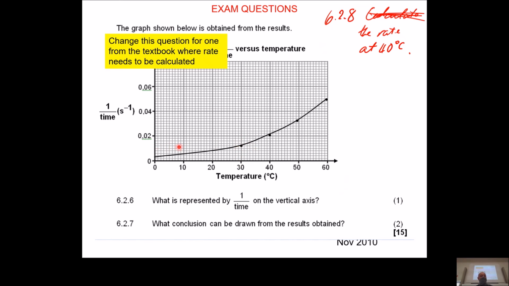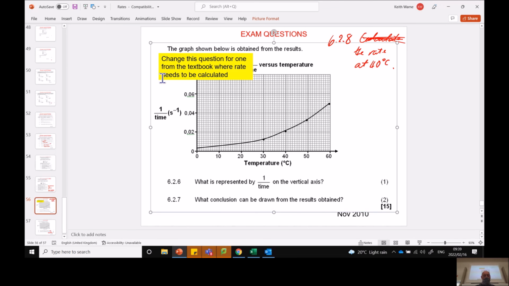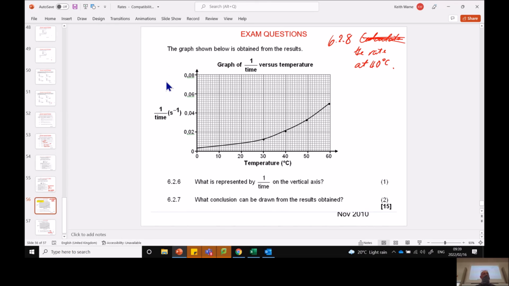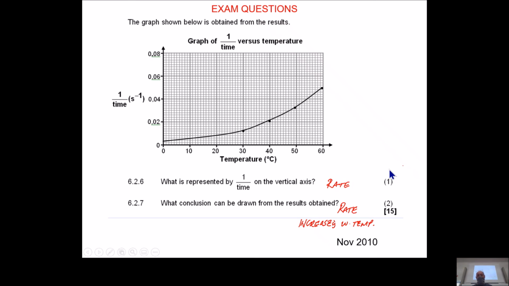That is representing the rate, because the rate is actually defined by amount of thing divided by time. This is just 1 over time. It's directly proportional to the rate. So, good point. All right, so that's it.